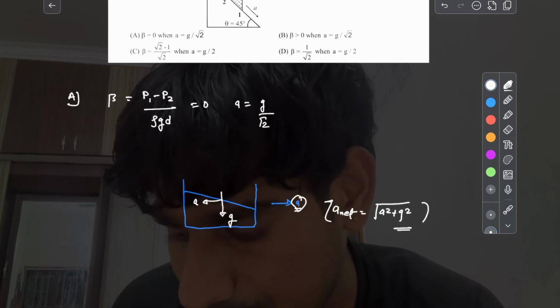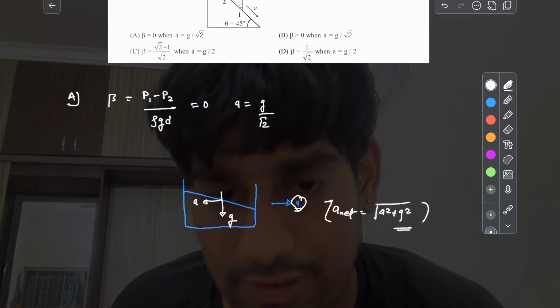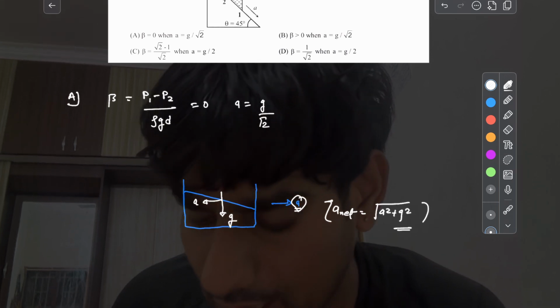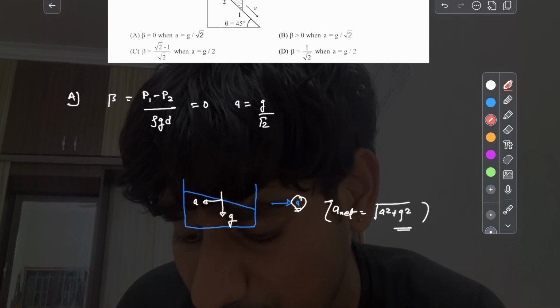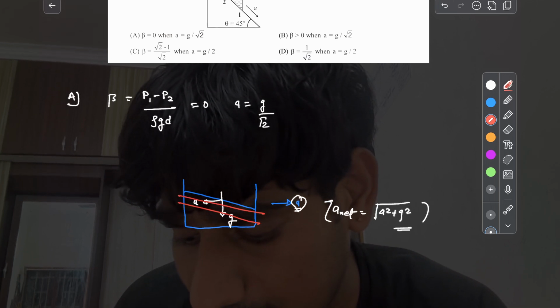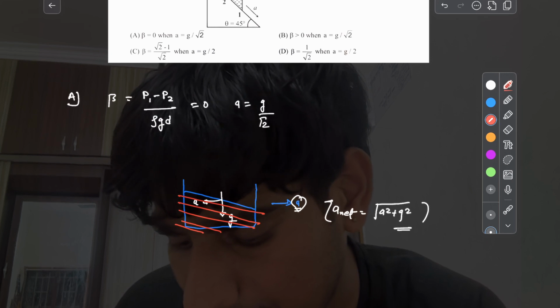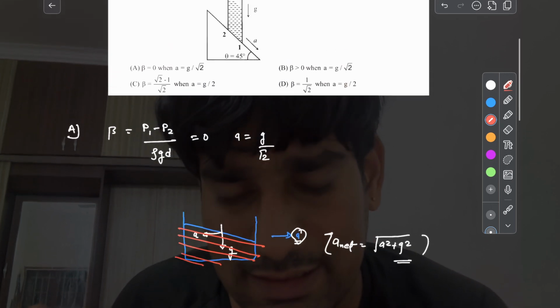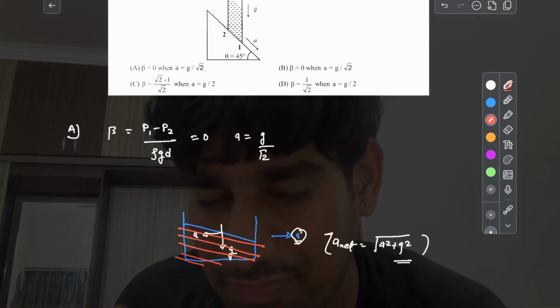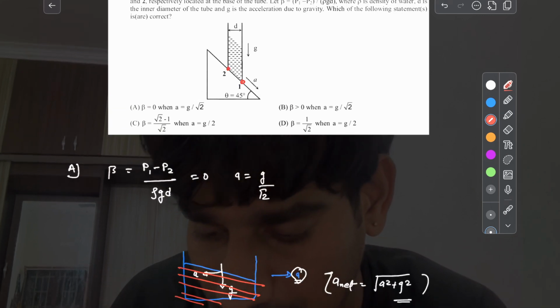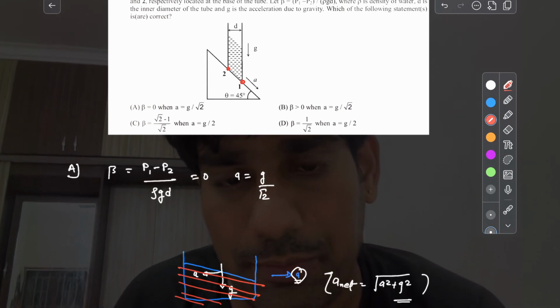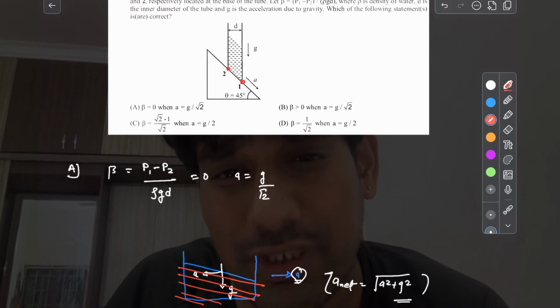Okay, that was the concept. The surface will be perpendicular to that, and any line parallel to the surface is called an equipressure line, which will have equal pressure on it. Why am I teaching this concept? Look, if beta is 0, it means the pressure difference between this point and this point is 0. Is it not that these 2 points are situated on an equipressure line?